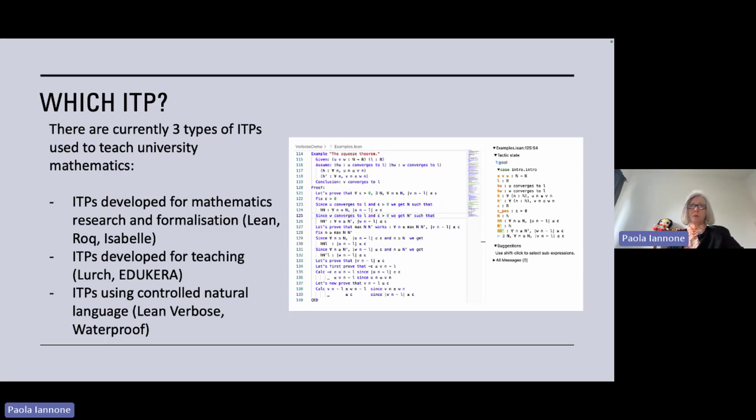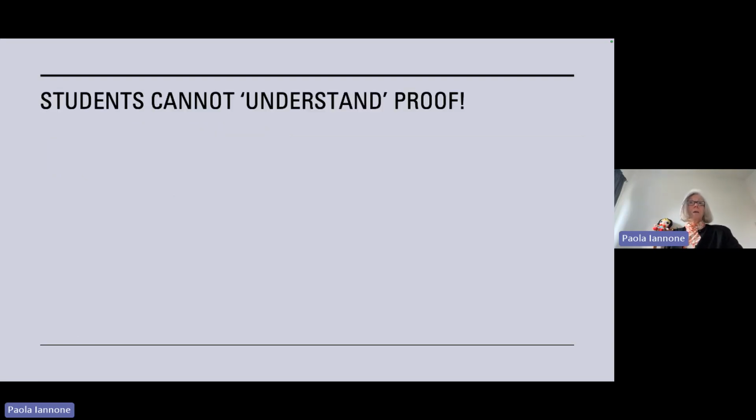I think Lean Verbose has got Lean underneath, while Waterproof has got Coq, so that the students wouldn't write coding lines or things that looked to them like coding lines, but they could write kind of text, if you like. Most of my research has been into using Lean in the classroom. And as I said, this has some positive aspects and some difficulties.